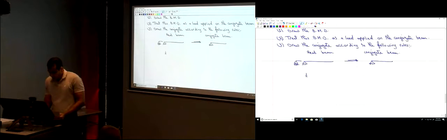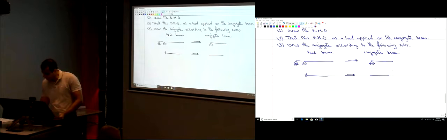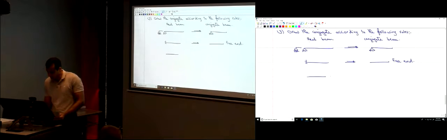In the real beam, if you have a fixed support, in the conjugate beam that becomes a free end. And opposite, if in the real beam you have a free end, on the conjugate beam that becomes a fixed support. Okay?